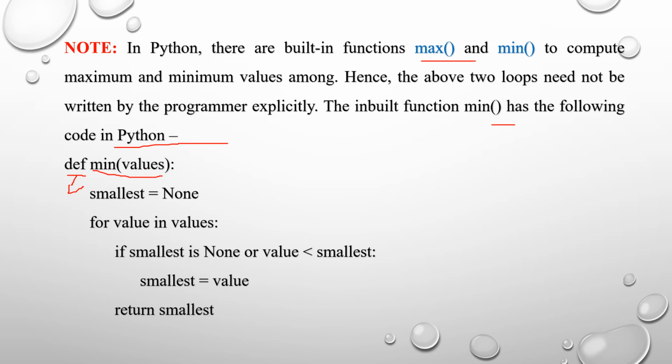It starts with smallest equal to None, initially empty. After that it has a for looping statement: for value in values. If smallest is None or the value is less than smallest, this condition is true and it assigns the value to smallest. At the end it returns the smallest.